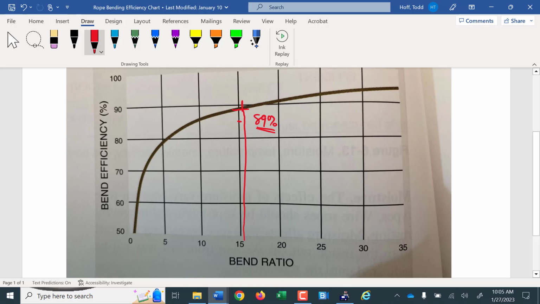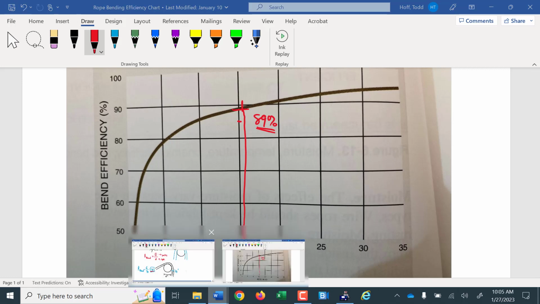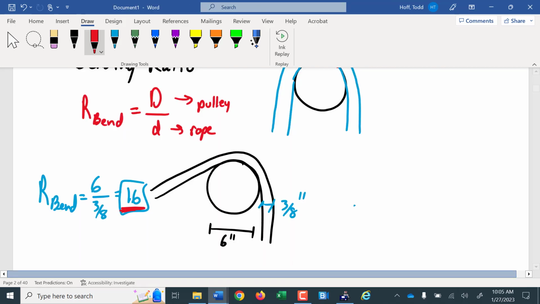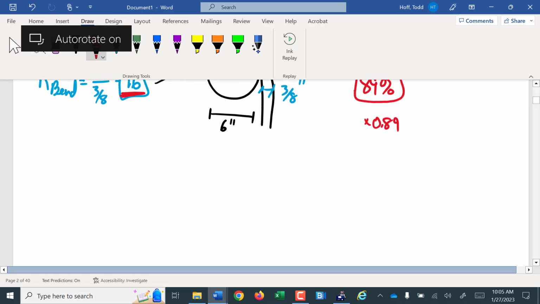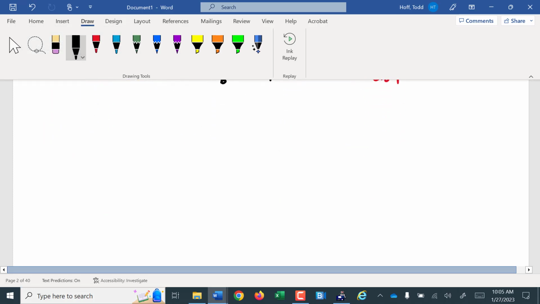So that 89% efficiency tells us that whatever the rated strength of that rope is, we're going to multiply the rated strength by 0.89 to get the applied strength, what we're able to use for here. So let's put that in practice.